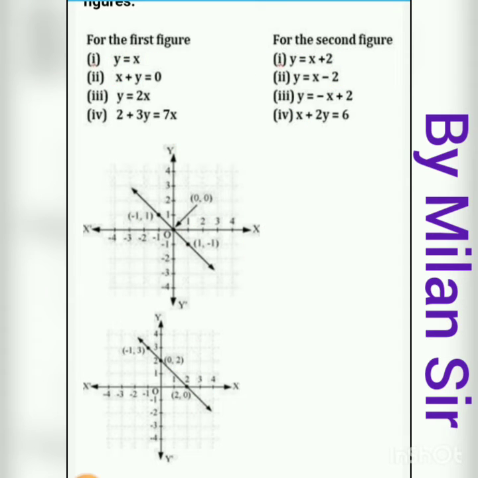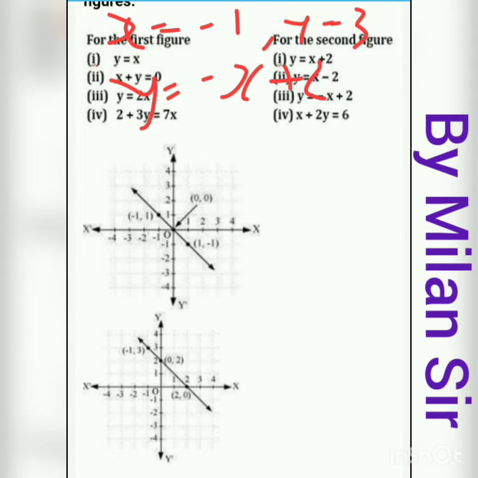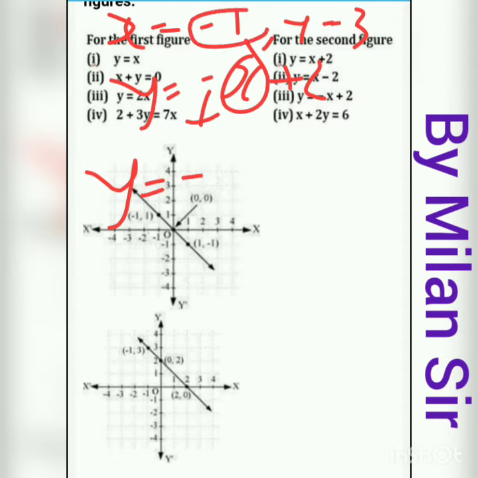Okay, now check your option 3. y is equal to minus x plus 2. Here our x is equal to minus 1, y is equal to 3, right? Now for y, first of all this minus sign as it is. Okay, now we need to put the value of x, and the value of x itself is a negative number, so we need to write it in brackets.